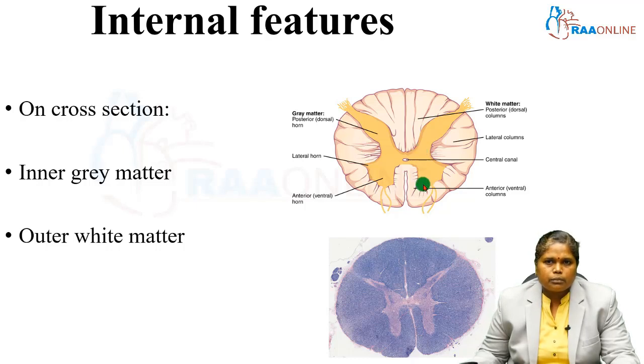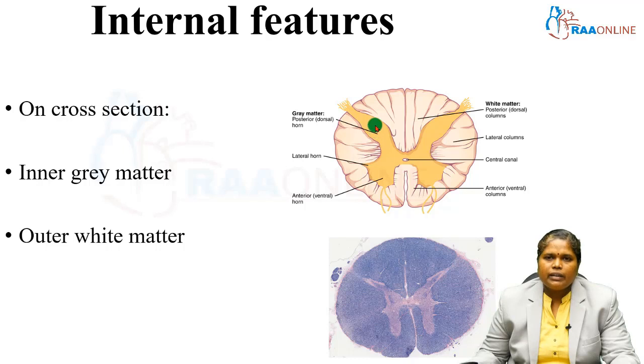In the white matter, we have the nerve fibers of the neuron. The cell bodies are situated here, and from the cell bodies the axons of the neurons exit and pass through this white matter. The axon will be myelinated, as you all know, and because of that myelination it gives the white color.